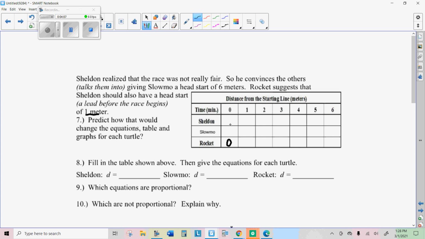Slow-mo will get a 6-meter head start, and then Sheldon will get a 1-meter head start. So at 0 seconds, this will be their distance. And then their speed is still the same. Sheldon goes 2 meters every second, so you keep adding 2 each second. So Sheldon should look like this, and I'll let you fill in the other 2.